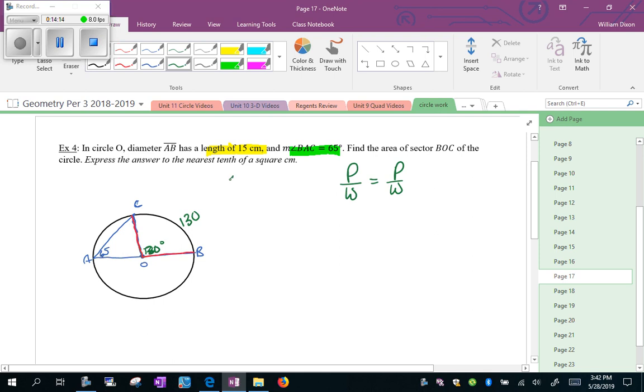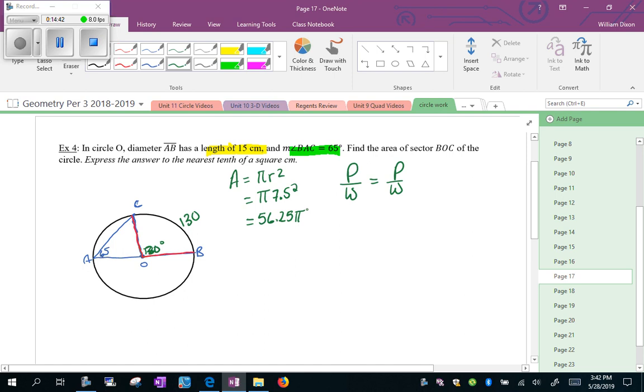Well, area of the whole circle, area equals pi r squared. That's going to equal, well, pi. My diameter is 15, so the radius is going to be 7.5 squared, or it's going to be 56.25 pi.